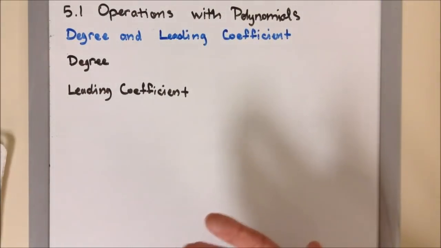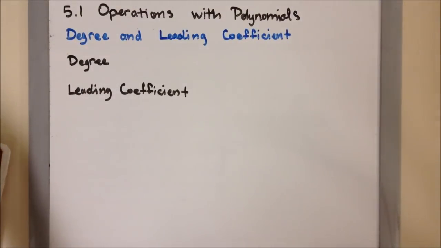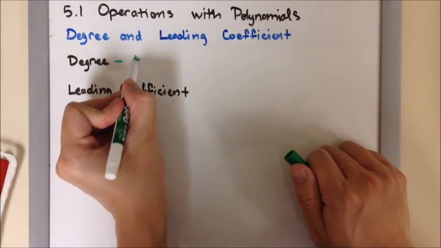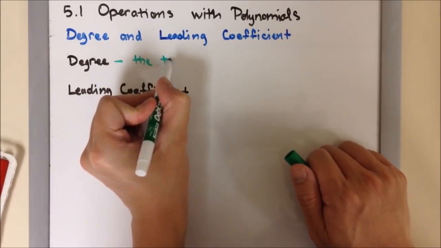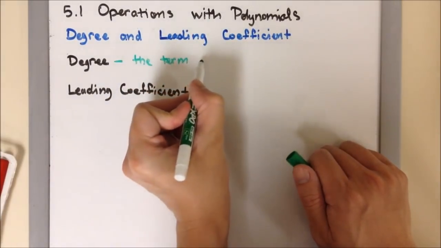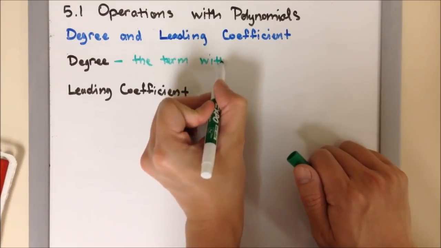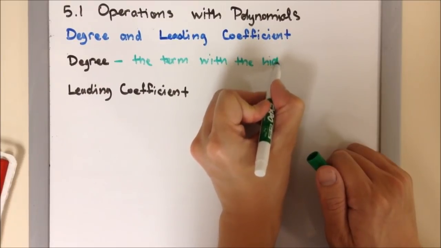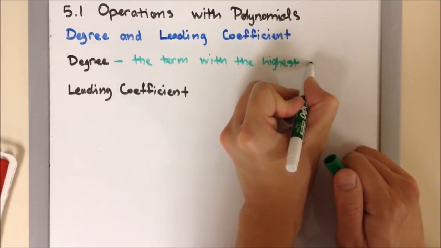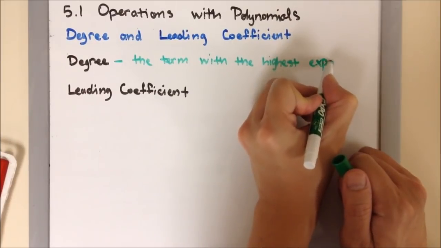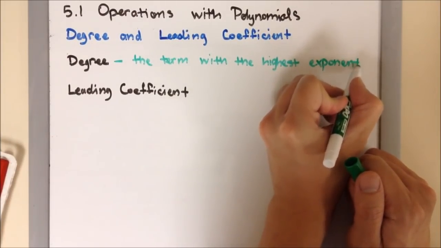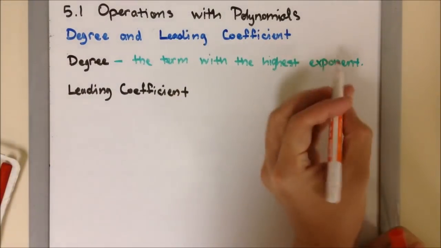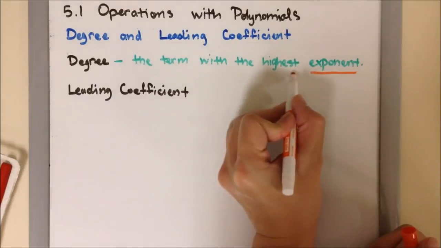Now when you're asked to find degree, you're basically looking for the term with the highest exponent. So you're basically looking for the term that has the highest exponent. So let me underline that, highest exponent.